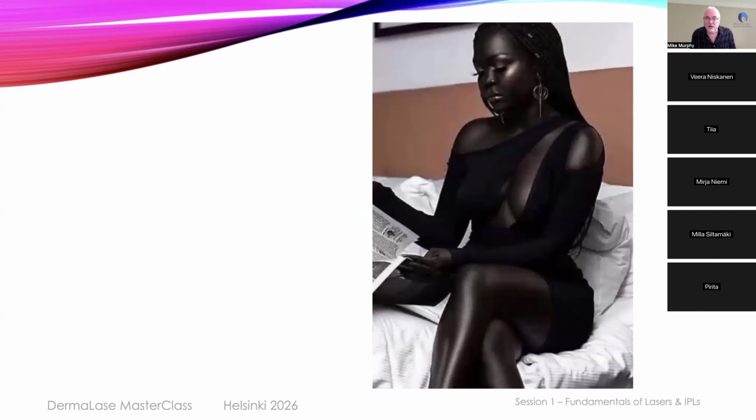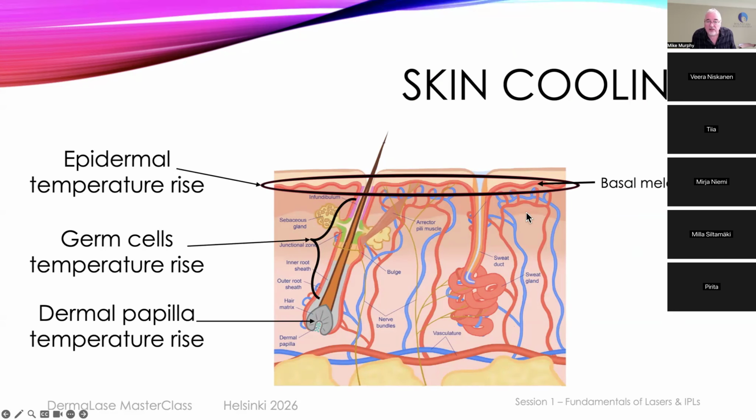So what we need to do for cooling is we're trying to cool this layer because the pain receptors are all up here, the nociceptors. And if there's no cooling, then it only takes a 10-degree rise from your base skin temperature, 35 to 45 degrees, and you're in pain. So that's no good. We don't want that. We want the heating to go on down here, not up here.